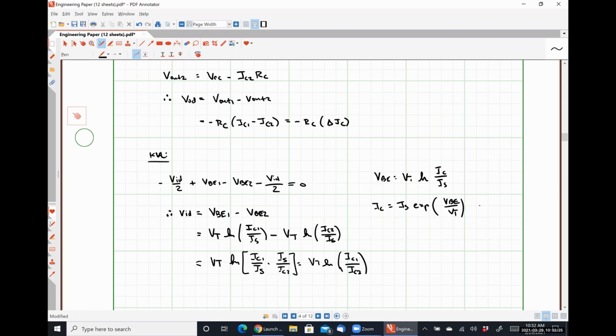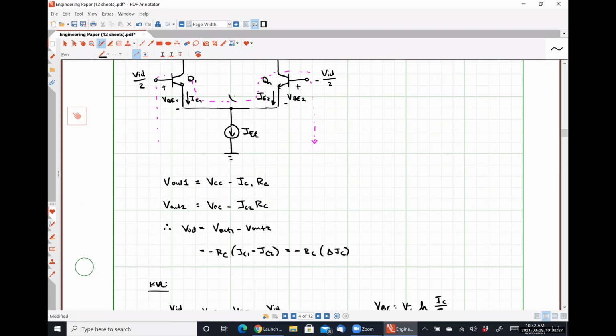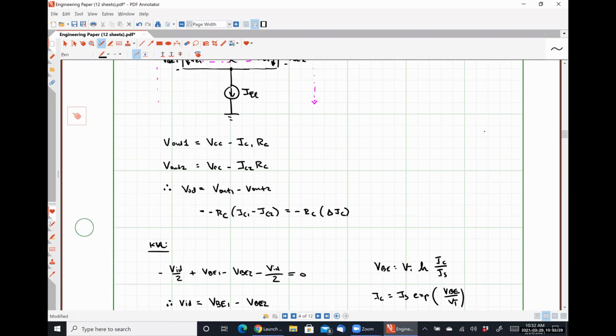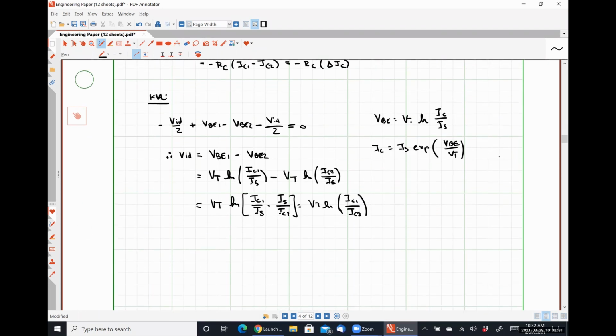If we apply Kirchhoff's current law at this node X, we know that IEE is equal to IE1 plus IE2.